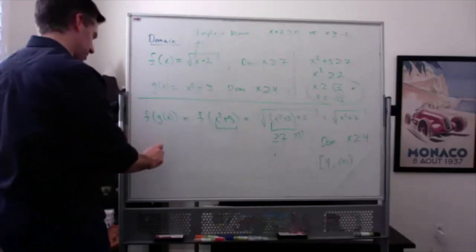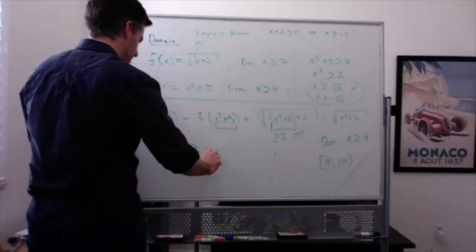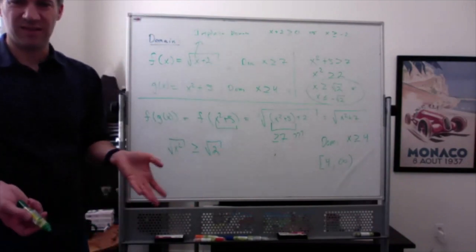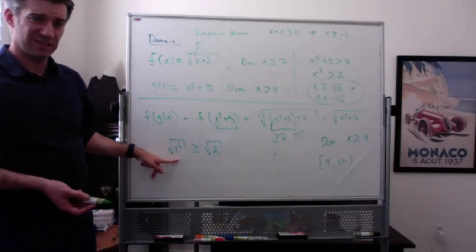What I really did was I took the square root of both sides. So I said the square root of x squared is bigger than or equal to the square root of 2. And now here's kind of a tricky thing that I think we might have said last class. What's the square root of x squared?